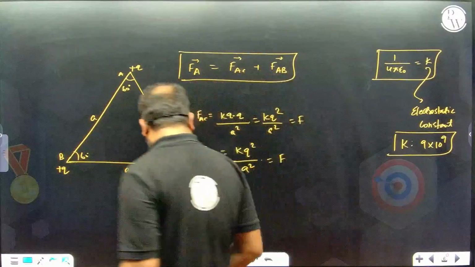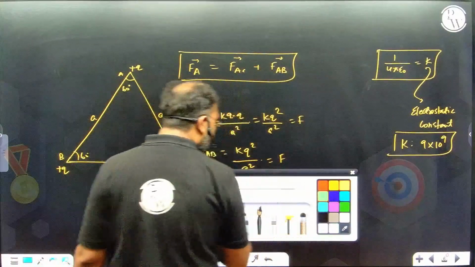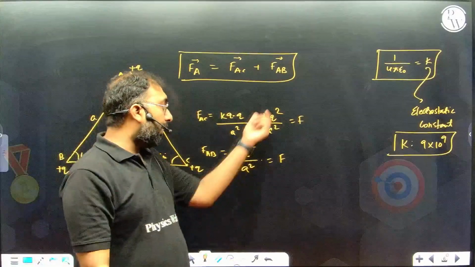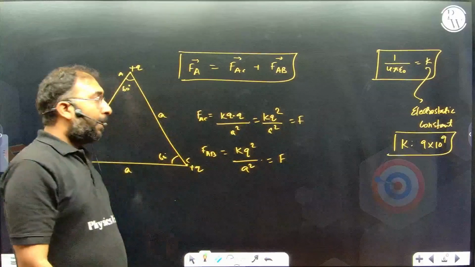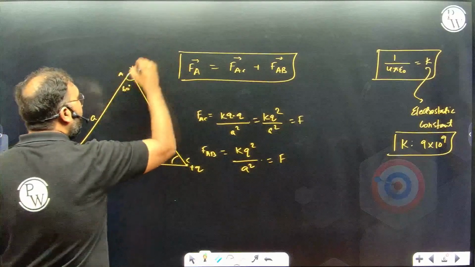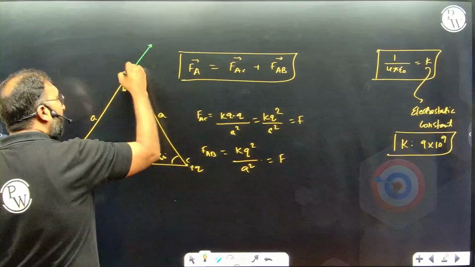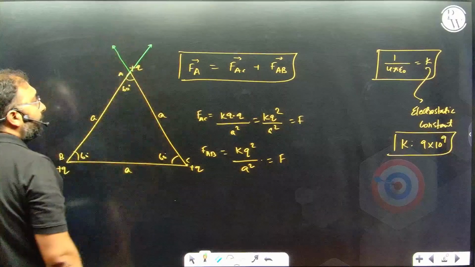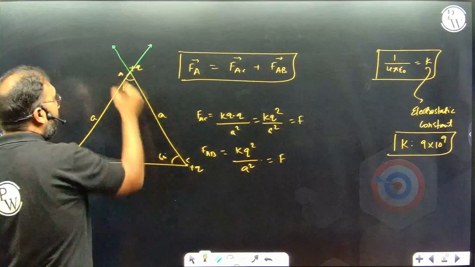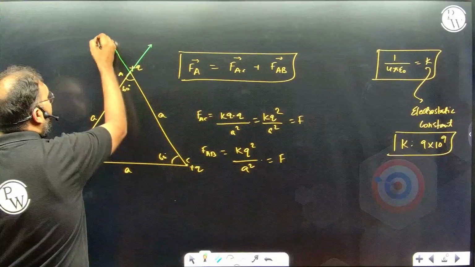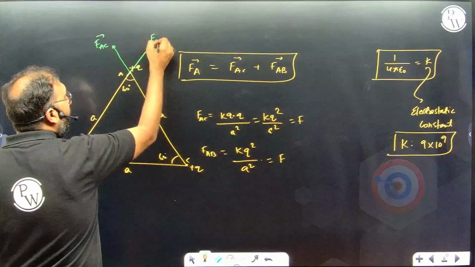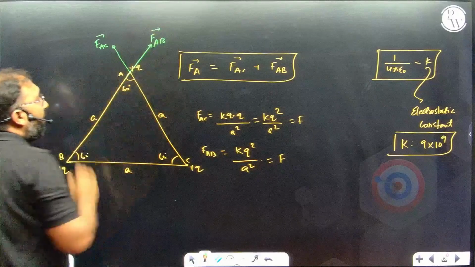So now on the particle A, there are two forces acting. Both have a magnitude of F, where the value of F is K Q square by A square, but the direction is not the same. You can see that this force is acting along this line and this force is acting along this line. This is the force on A because of C, so this is the FAC vector, and this is the force on A because of B, the FAB vector.